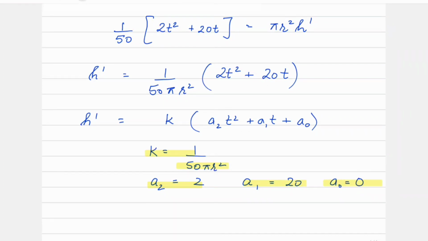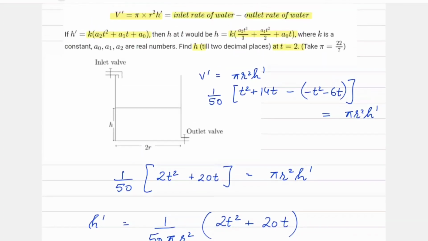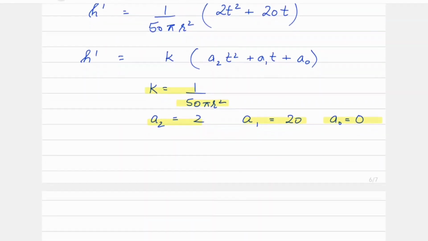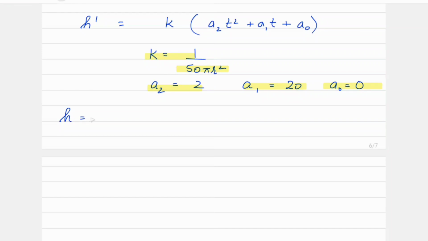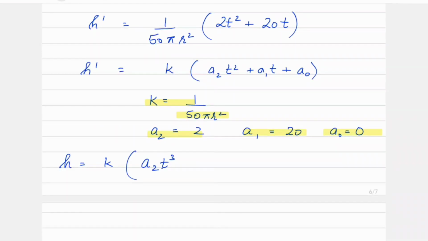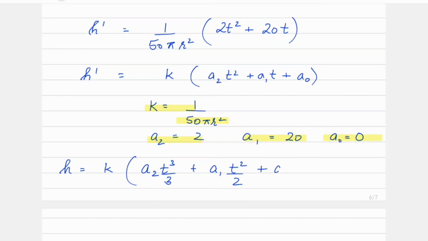We are going to put this in the equation where h is given. So h is given as h = k(a2 t³/3 + a1 t²/2 + a0 t).